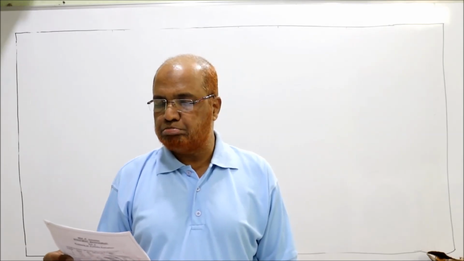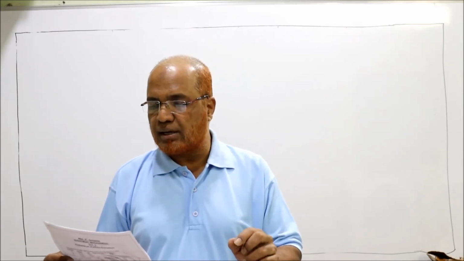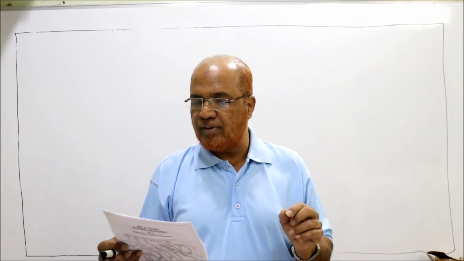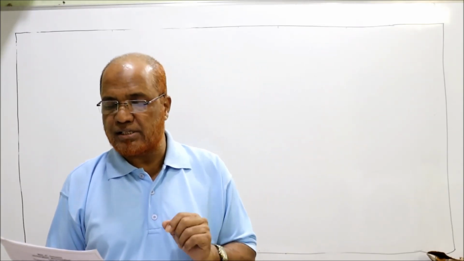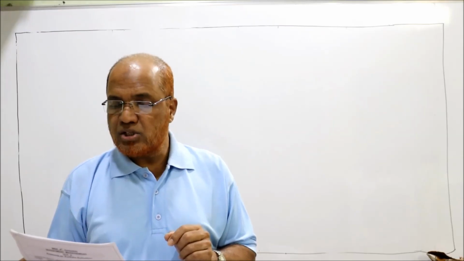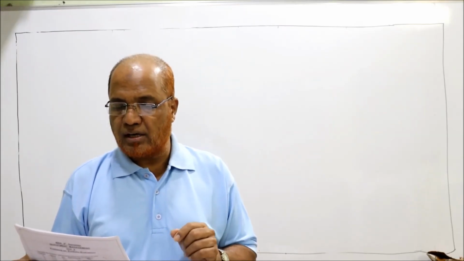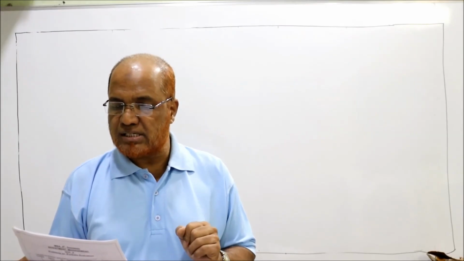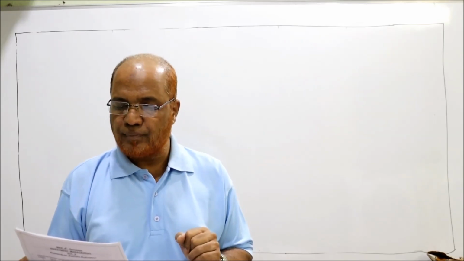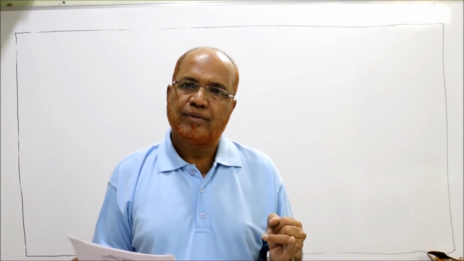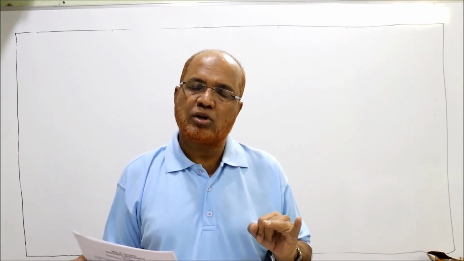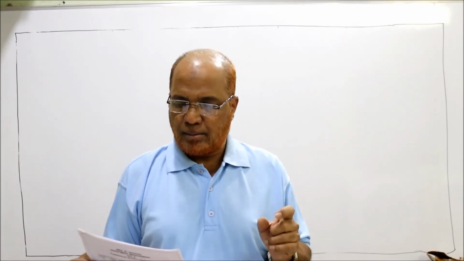So what a firm is trying to decide between two funds, but it is not given which method we have to apply, whether Sharpe or Treynor or Jensen. See here, in this problem beta is not given. We are given the average return, we are given the standard deviation, risk-free rate. So in this case we cannot apply Treynor's measure, we cannot apply Jensen's measure, because both those measures require beta value.